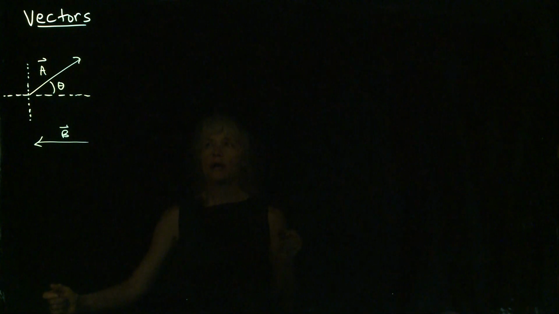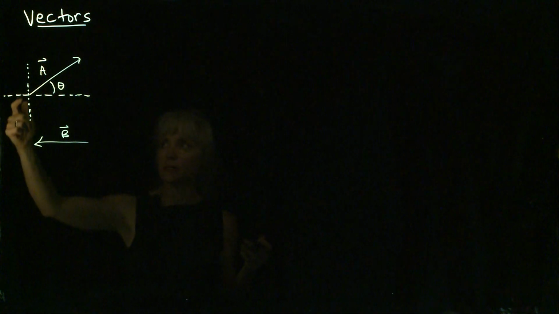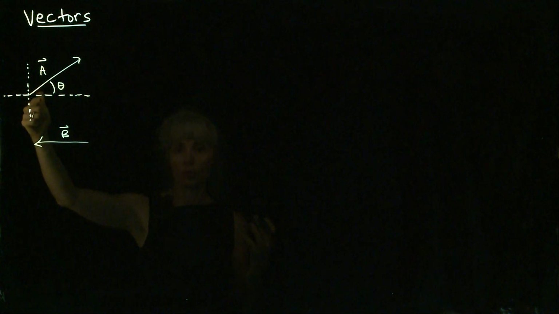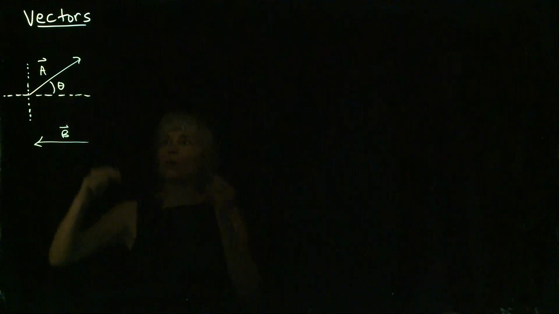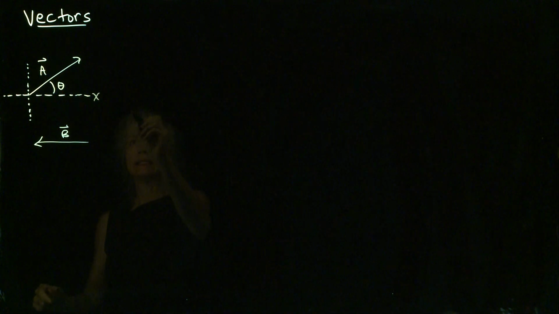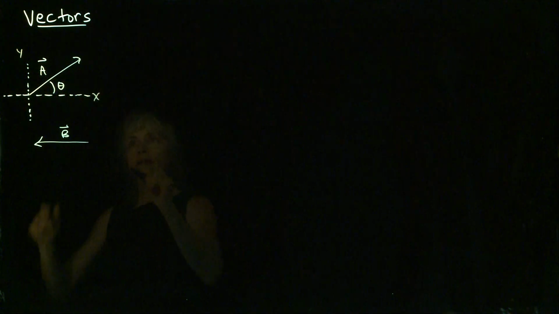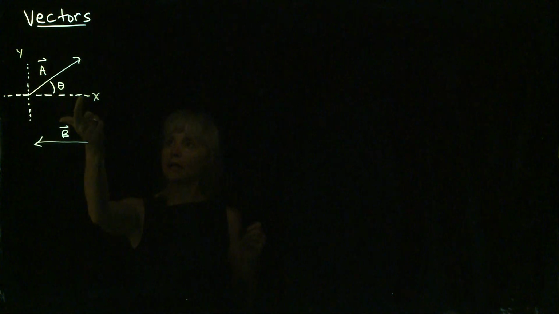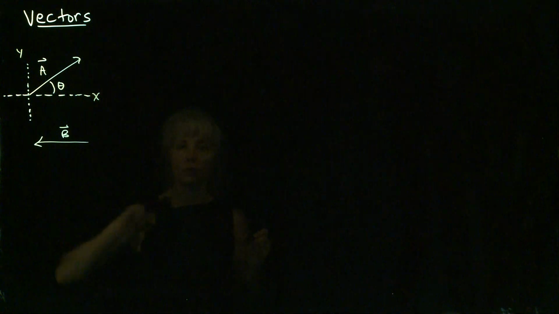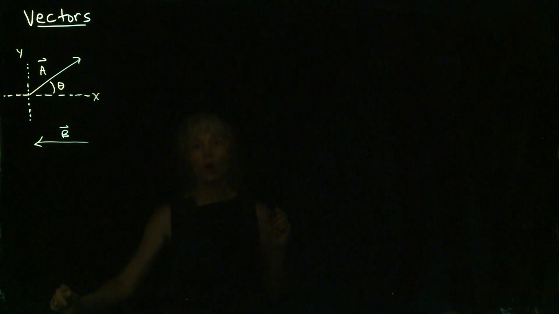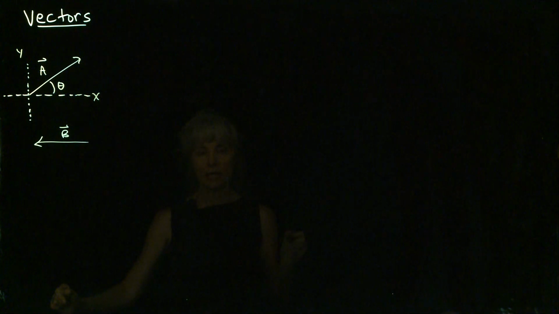But notice that I could also give that information about vector A using a different way of describing it to you. I could tell you to start at some origin which we have agreed on, and I could tell you how far to walk out along the x-axis, and then I'd say now turn and walk this far along the y-axis, and that would also describe vector A to you.